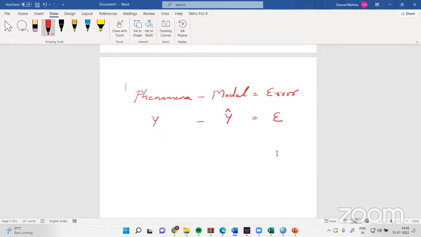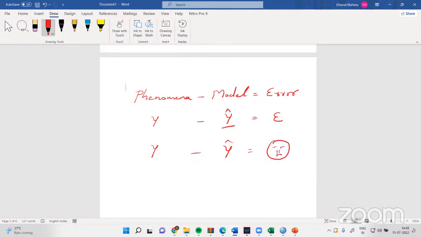Is it clear? Most of you must be wondering what all this equation is and why they write it this way. So y hat is the estimated value with the help of some variables. It means that y minus y hat will always have some devil, right?